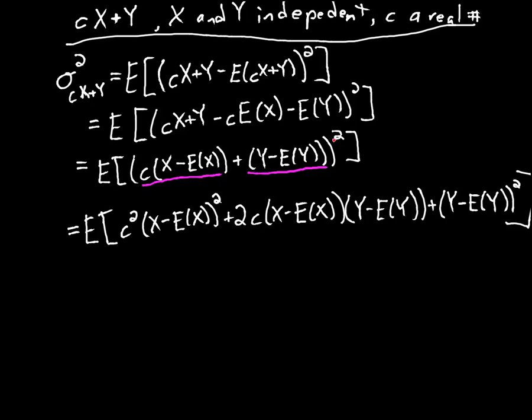And since we distributed out that squared, we don't need this outer set of parentheses anymore. We do need the brackets to signify that we're taking the expectation of the entire thing.